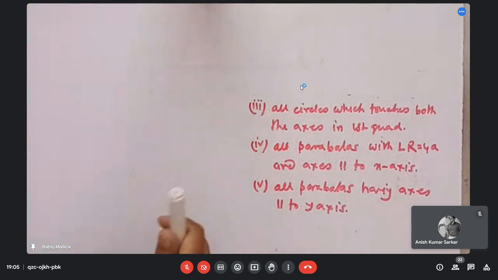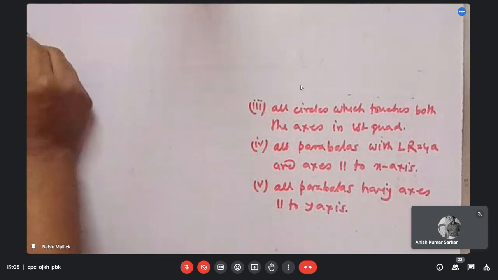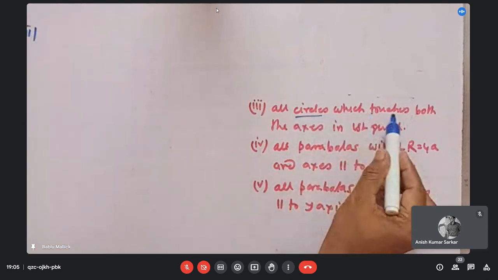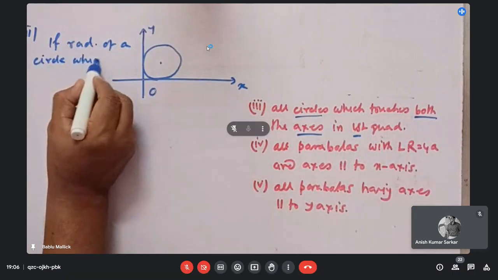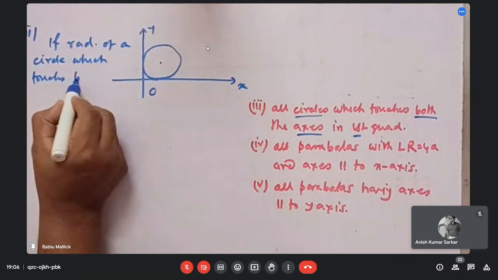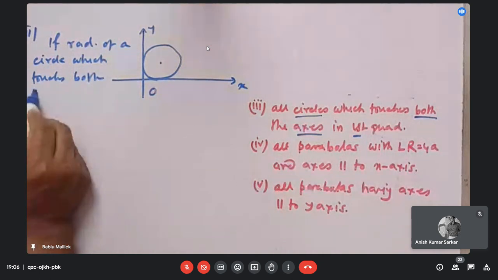Next, write number 3. Look, number 3. Here the circle touches both the axes.